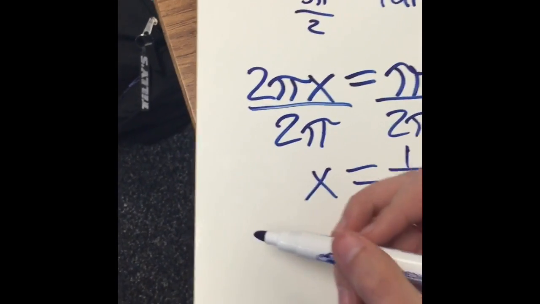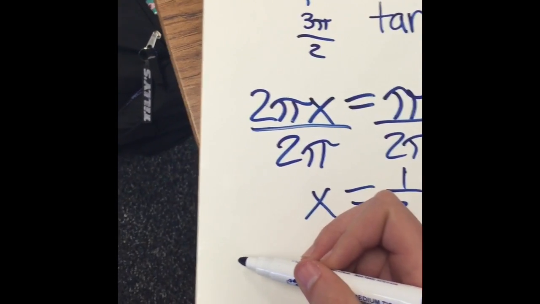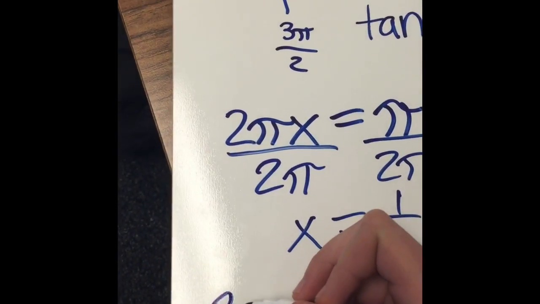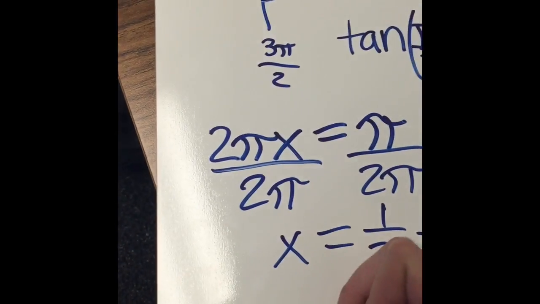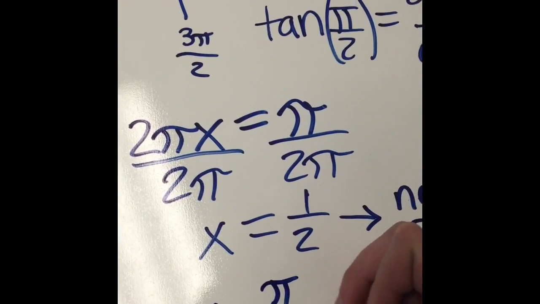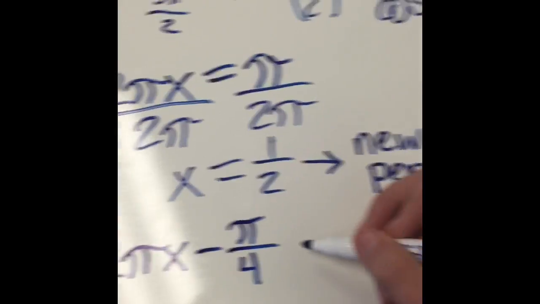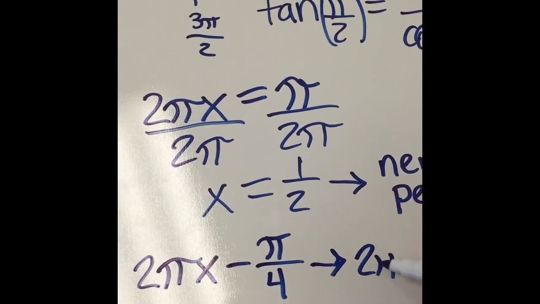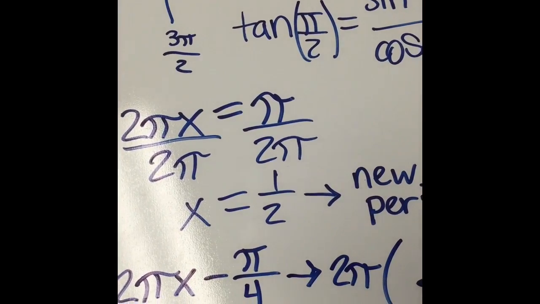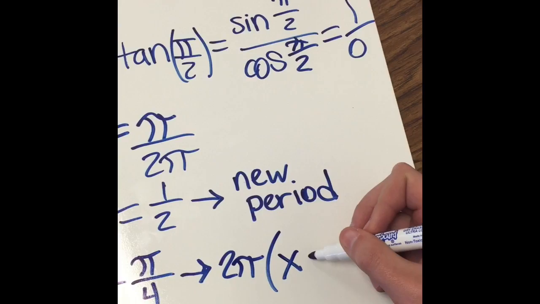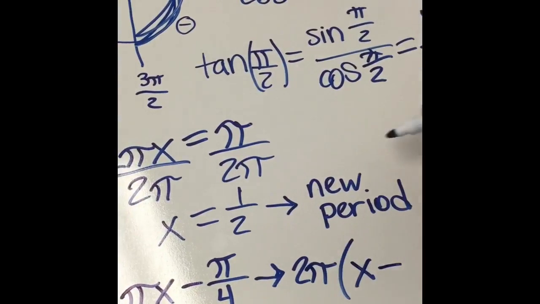And now we are going to take the 2 pi x minus pi over 4 and factor out the 2 pi. You want to factor this out so you can find the phase shift.